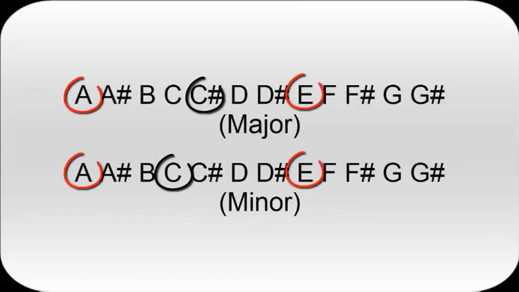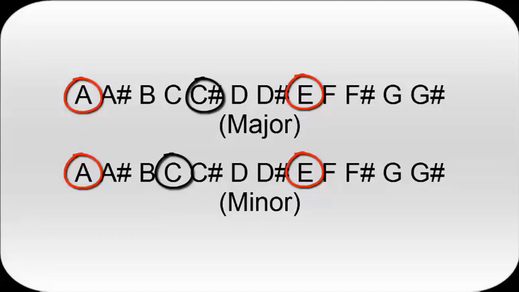Next, let's take a look at the key difference between major and minor chords. On the screen, transposed over the chromatic scale this time, you see the A minor chord as well as the A major chord. Notice the only difference is that middle note, our C and C sharp.